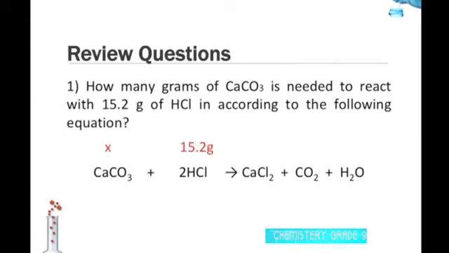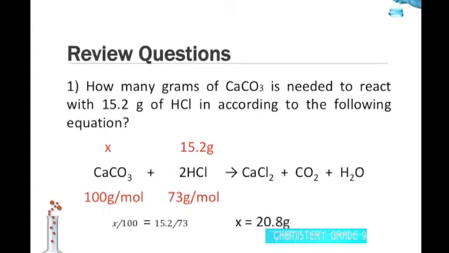First, we write x over what we want to know and the known value over hydrochloric acid. Then we write the molar mass underneath. Then we set up the proportion.